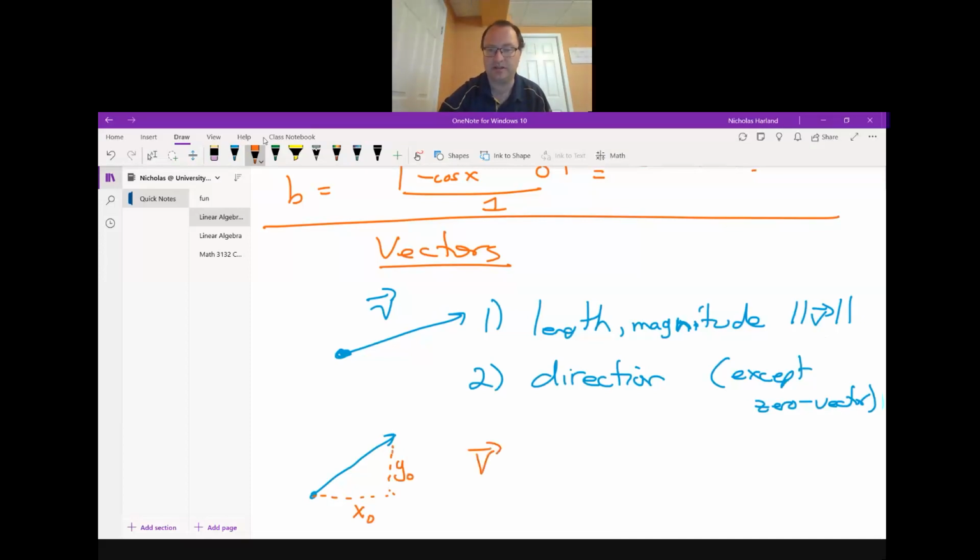So we can also think of v as being the vector (x0, y0), where we have an x component, how far that vector is traveling in the x direction, and how far it's traveling in the y direction. So we can think of vectors as having a length and a direction, or x and y components. If we're dealing with three-dimensional vectors, we do have a z component as well.